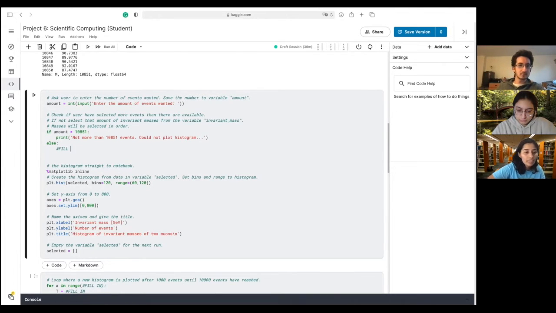But if the user asks for fewer than 10851 events, we want to plot the histogram.